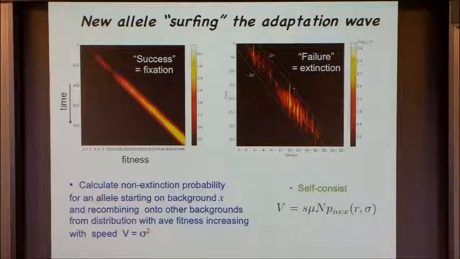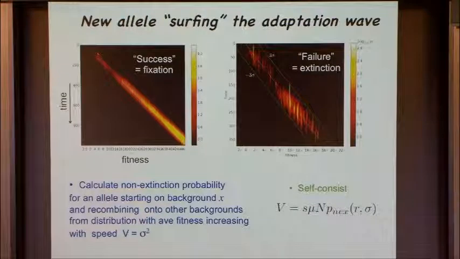The color coded here is the size of the clone. So it grows very large, it has lots of offspring, they colonize many genetic backgrounds and prosper for a while, but eventually nevertheless go extinct, right?